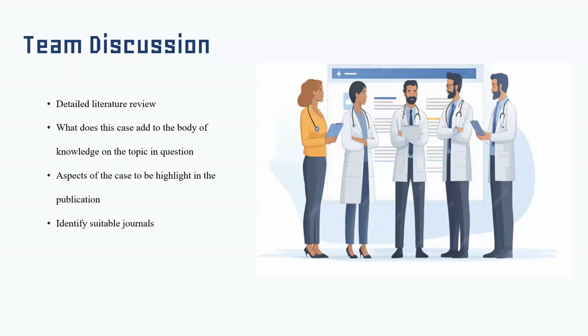Once you have identified that the case is new or unique or rare, you sit with your team and discuss the aspects of the case that you want to highlight in your publication. Prepare for the case study. Write by obtaining the patient information, including demographics, history, lab results, treatment and time course, and other information that is relevant to your course.